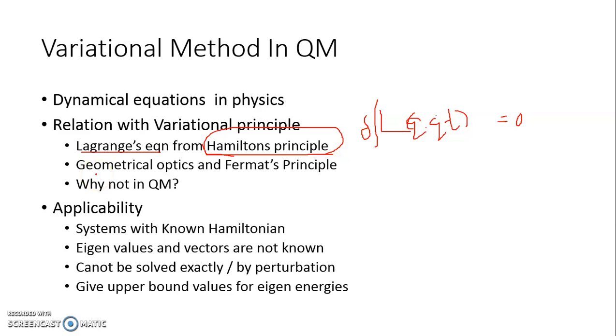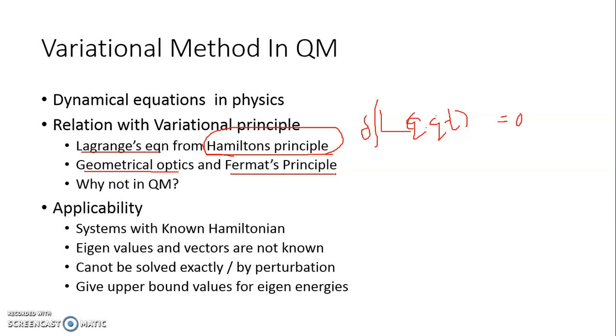Another very classical usage of the variational method in physics is the derivation of different equations and principles coming under geometrical optics, or the so-called ray optics, from Fermat's principle of least time. The principle is like this: a ray of light will correspond to that path for which the time taken is an extremum.